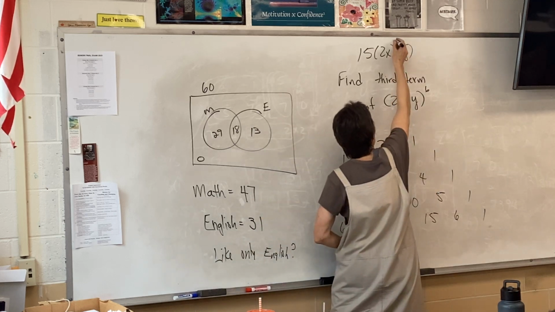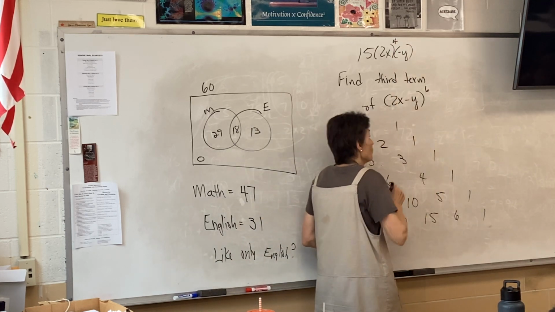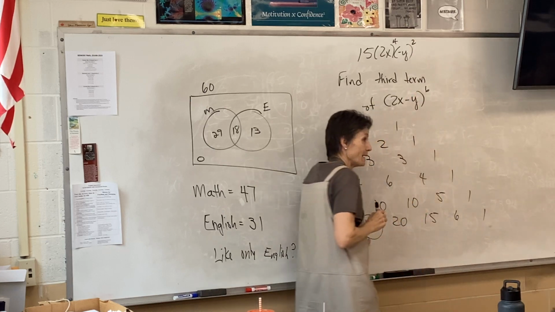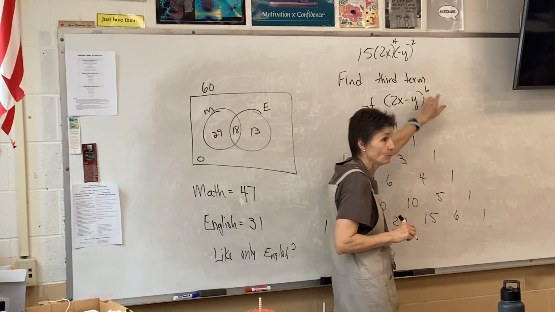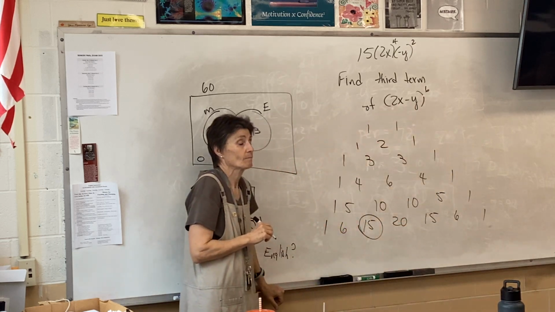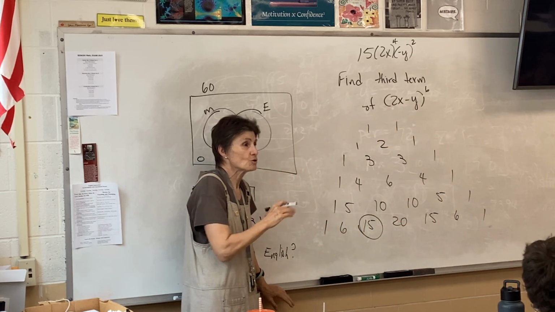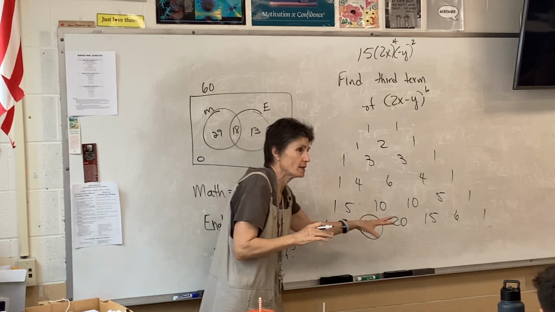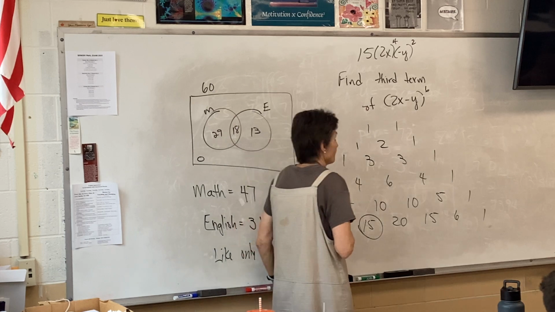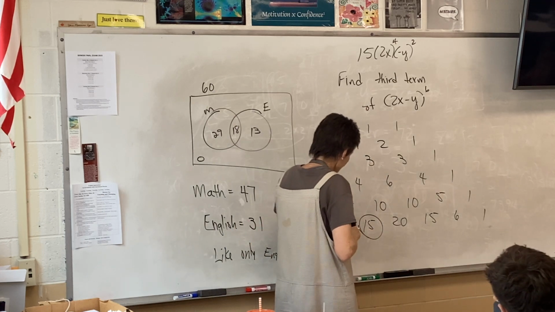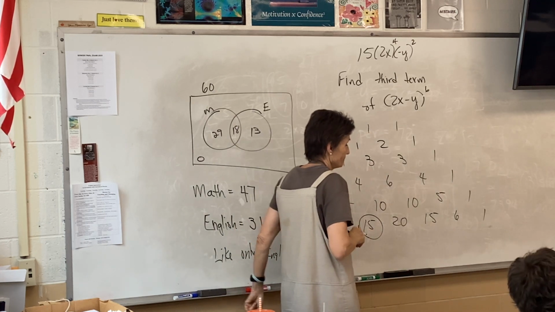So my power on x is 4, which means my power on y is 2, because they have to add up to 6. There's no math involved, I count it. You do 3 and 3. Now, why does that have to be 6, 5, 4?